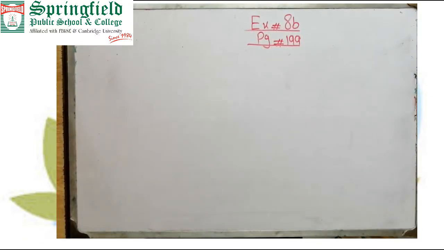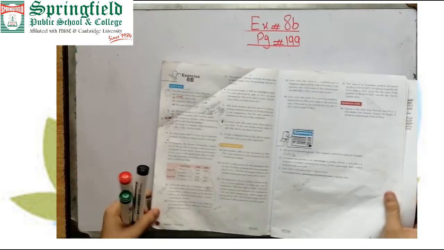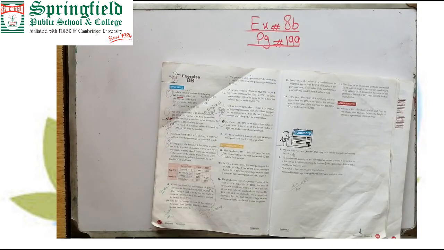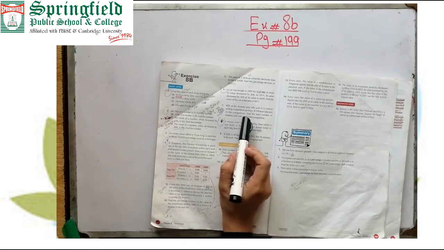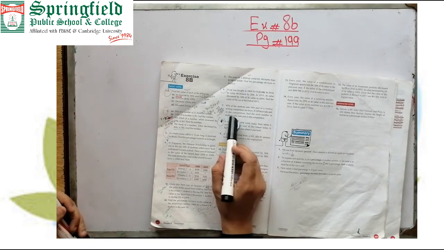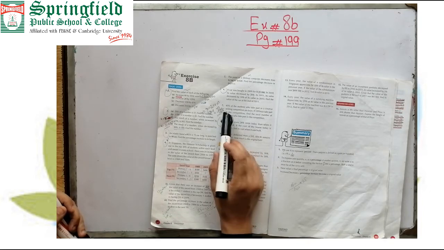Now come on to the next question. Question number 7: 45% of students who take part in a creative writing competition are boys.